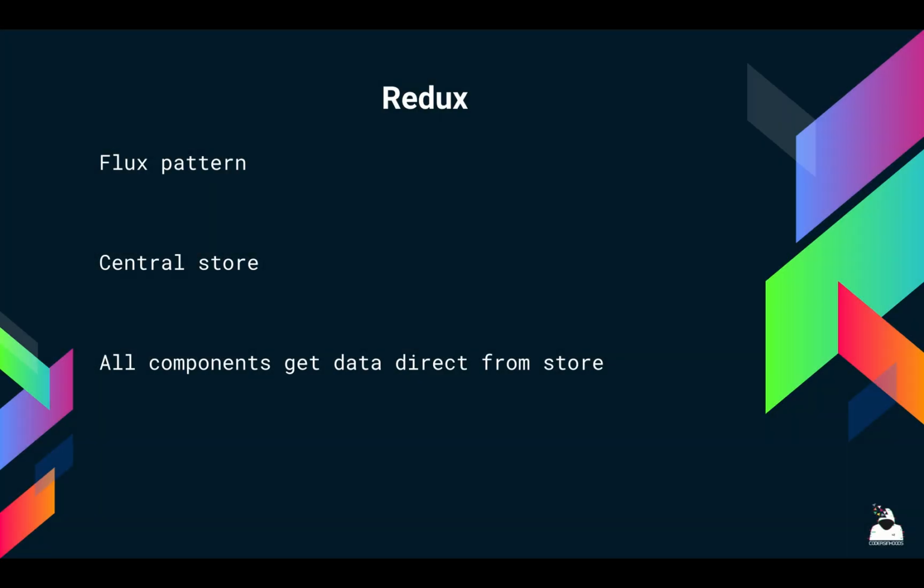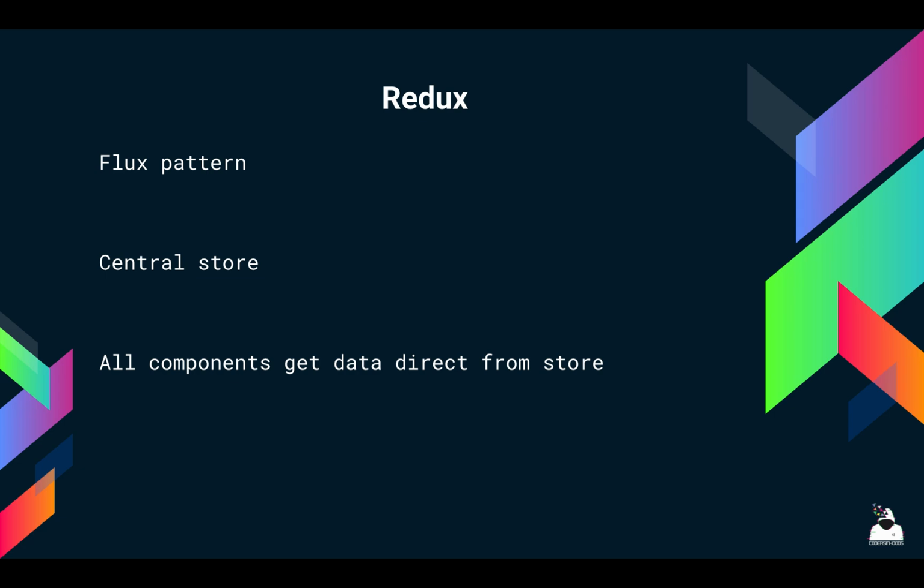So Redux is here to provide a solution. It follows a design pattern called Flux, and this all revolves around a central store. Store is pretty much just another term for state, a place where state gets stored and managed.